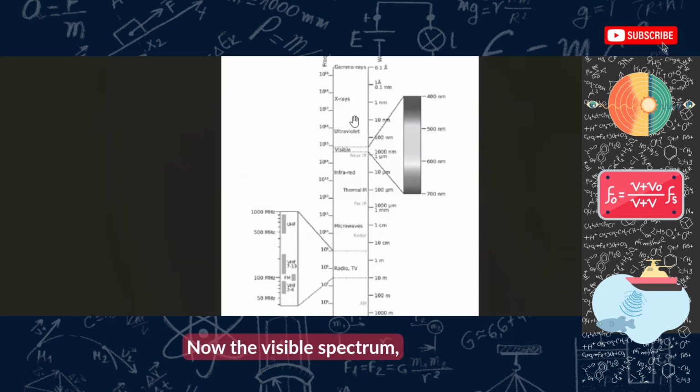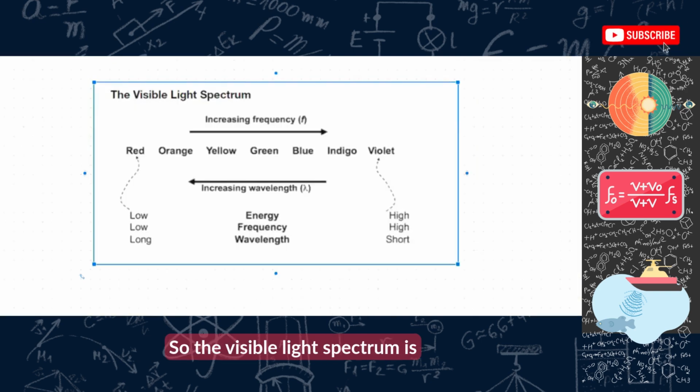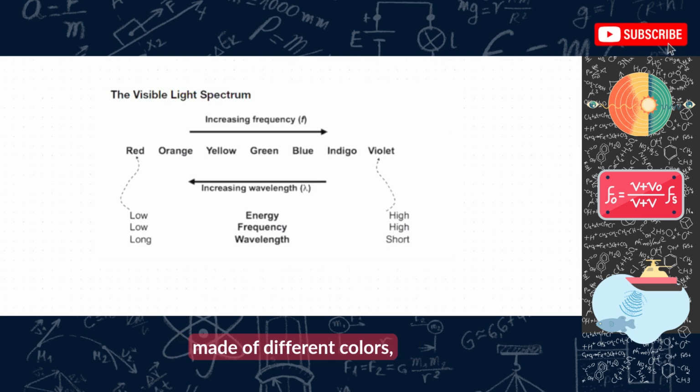Now, the visible light spectrum is made of different colors, starting at red, going all the way to violet.